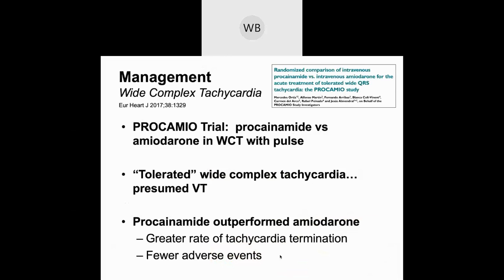And that's actually a nice segue to this one article I wanted to mention to all of you, published in the European Heart Journal in 2017. It's referred to as the ProCameo trial, and it basically is a comparison of intravenous procainamide with intravenous amiodarone in patients that have a wide complex tachycardia with a pulse who are hemodynamically stable. And in this study, the investigators found that procainamide outperformed amiodarone in two ways.